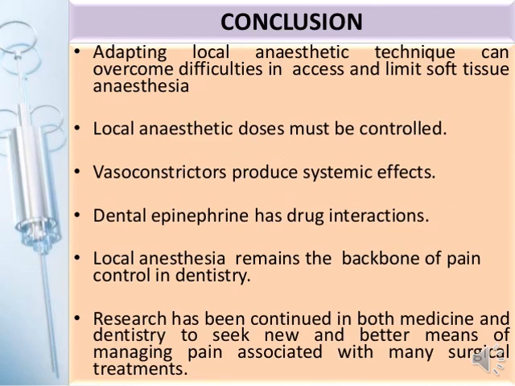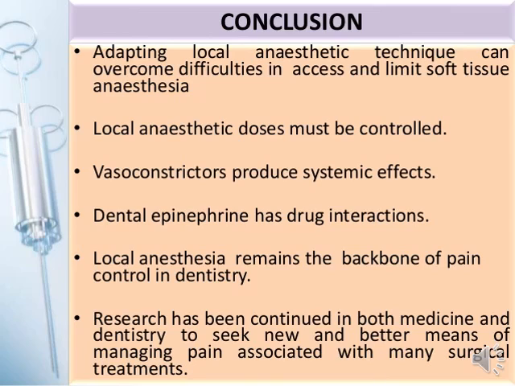Now at the end, we will discuss the conclusion of the local anesthetic lecture. While administering a local anesthetic, we should adopt the technique in a proper way to overcome the difficulties in access and limit soft tissue anesthesia.